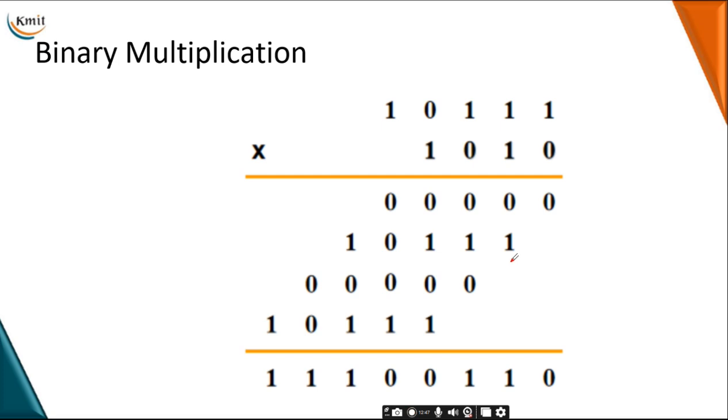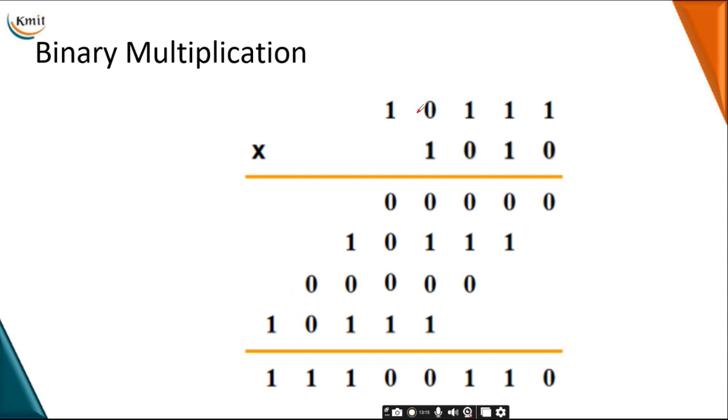The second partial product must be placed by moving it one bit towards the left. Now the second bit is 1, hence I need to copy your multiplicand: 1 0 1 1 1. Next, the third bit is a 0.